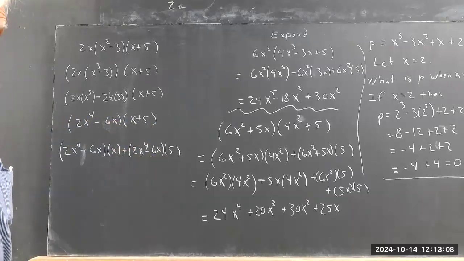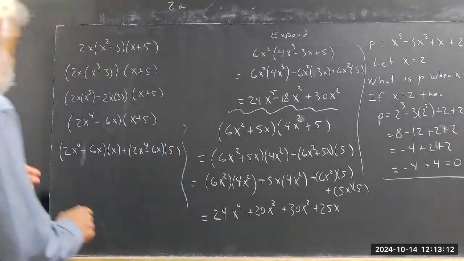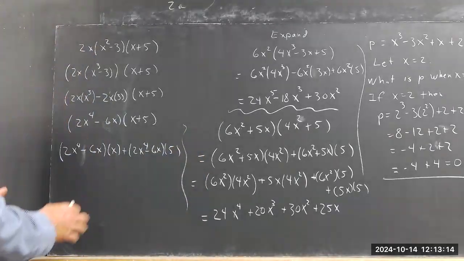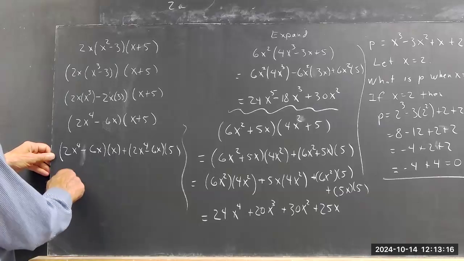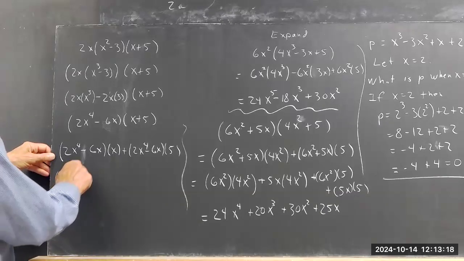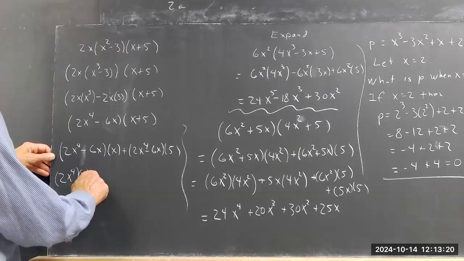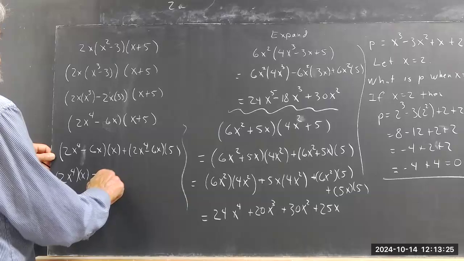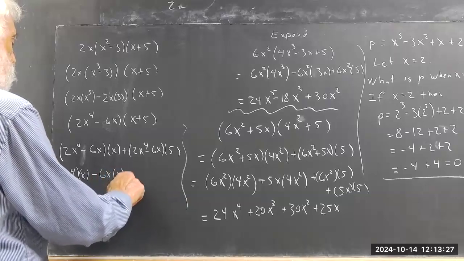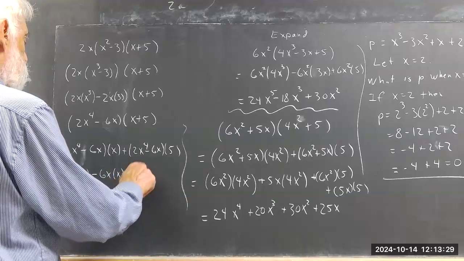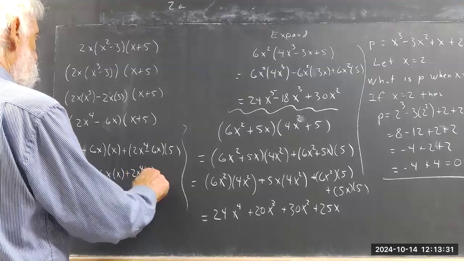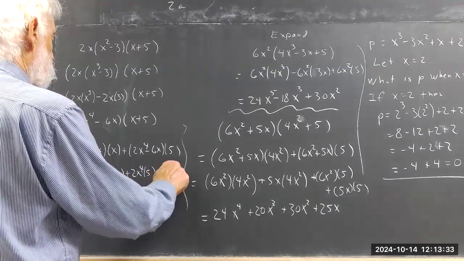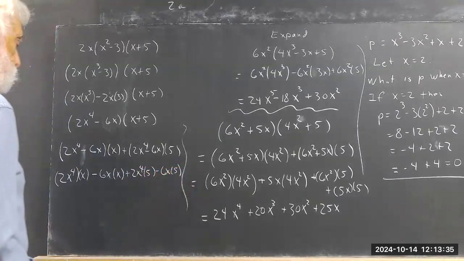All right, and that's the way I did it over here, so I choose to continue to do it that way. No matter which way you do it, you're going to end up with 2x to the 4th multiplied by x minus 6x multiplied by x plus 2x to the 4th multiplied by 5 minus 6x multiplied by 5.